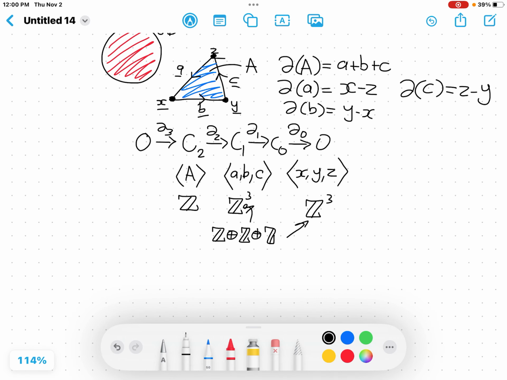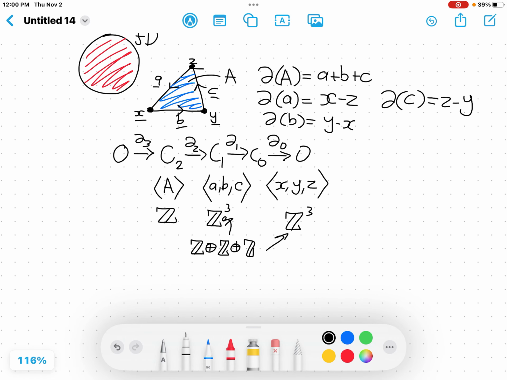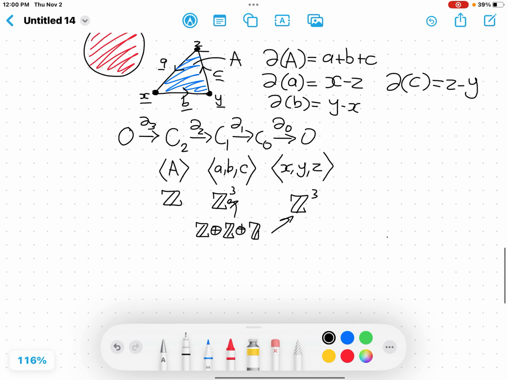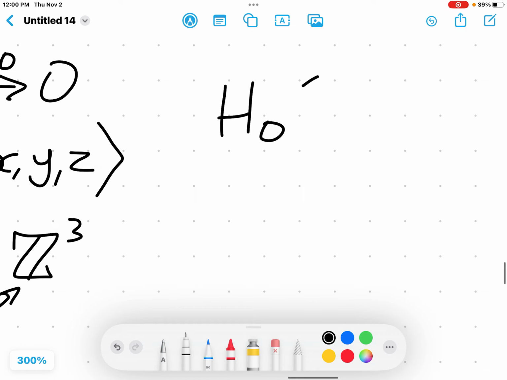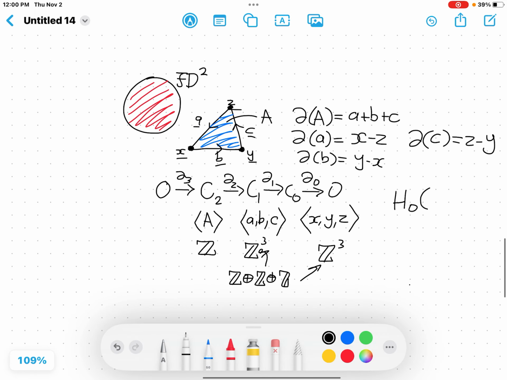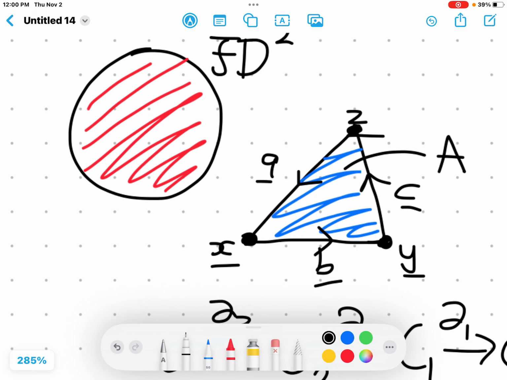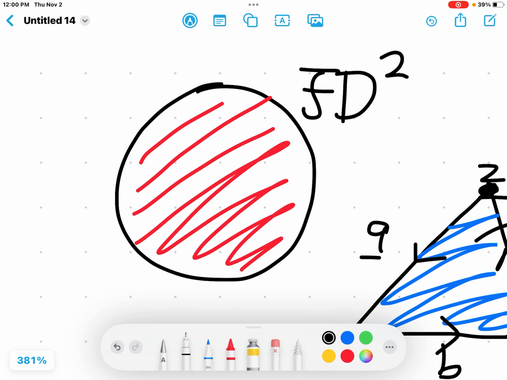How about finding the kernel? This one requires a bit of thinking. Let's compute the first homology group. Here's another fact: if our space is contractible to a point, notice how I can homotope this entire space onto a point. There is a deformation retract that shrinks the entire thing into a point.